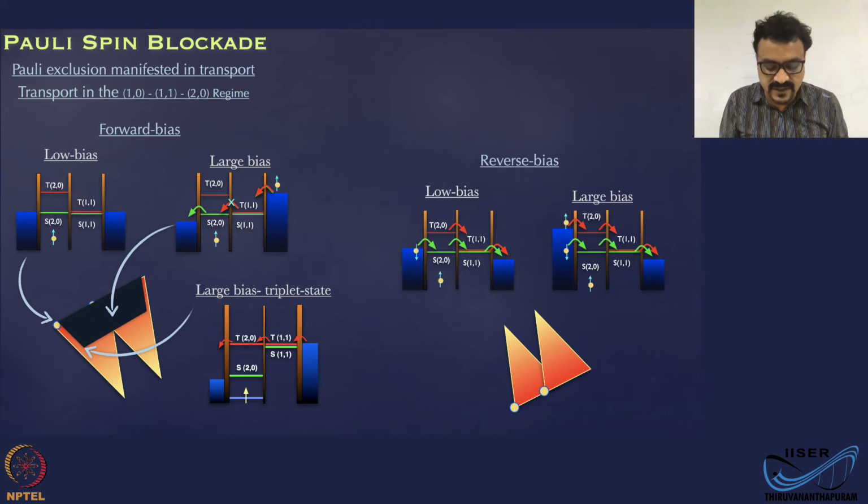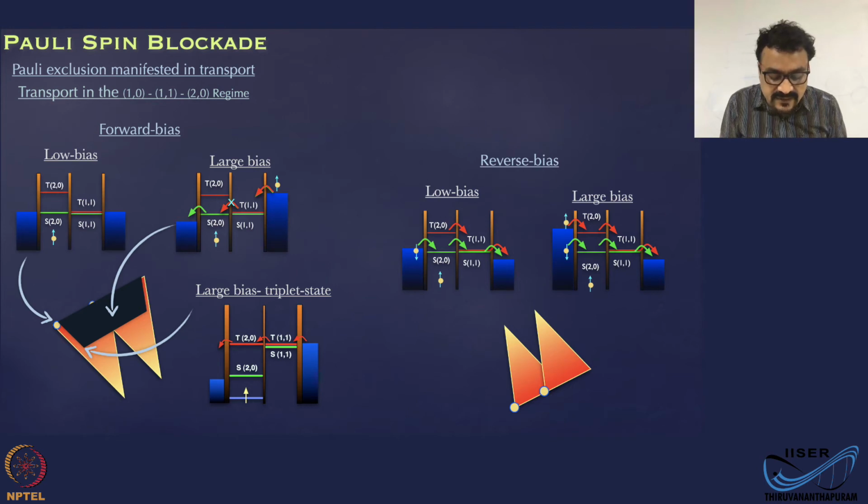So whenever I have the labels S(1,1) and T(1,1), that electrochemical potential refers to the situation when you have one electron on each dot. That is, this electron stays here and the next electron comes in. Then this is the electrochemical potential of the system, S(1,1), T(1,1). Don't mistake this for the energy levels of this right dot or dot 2. This is the state of the system in the (1,1) double dot state.